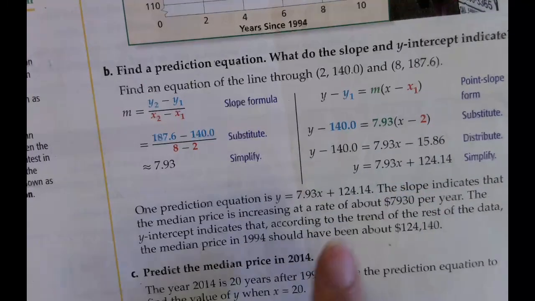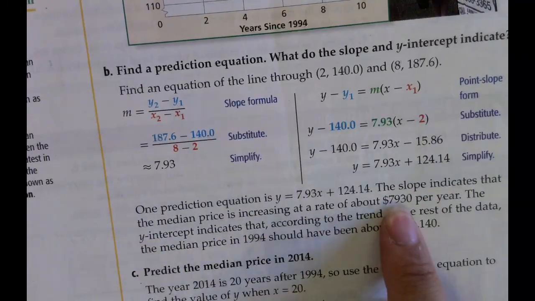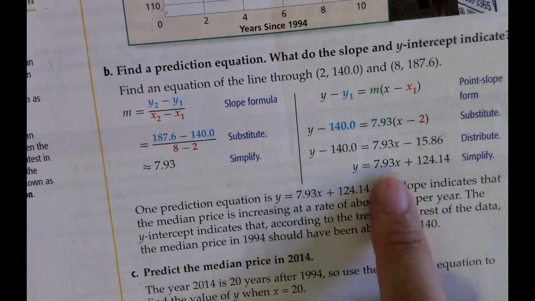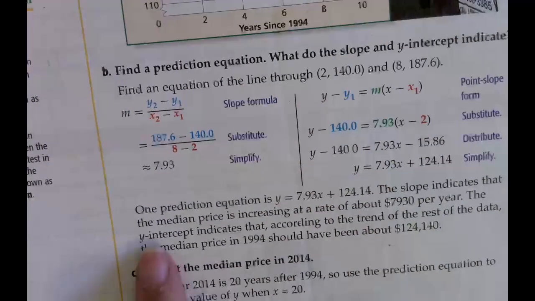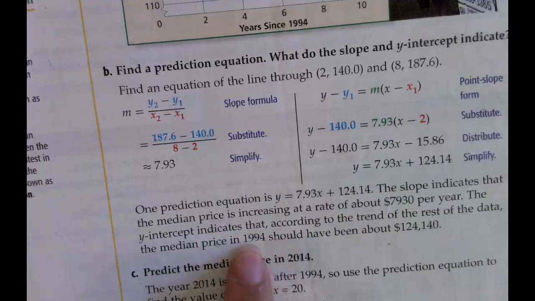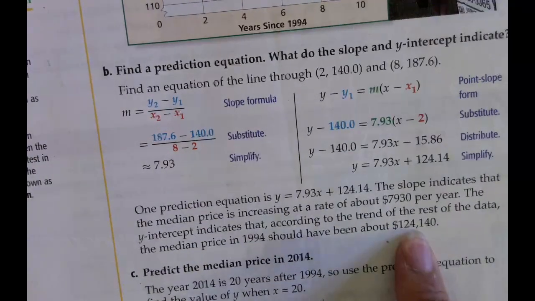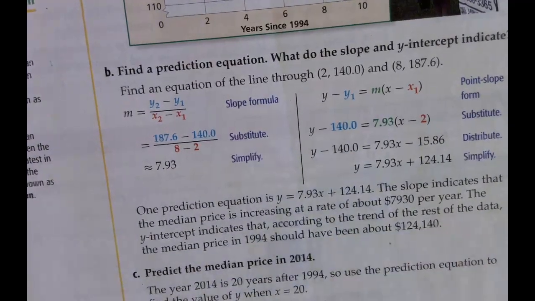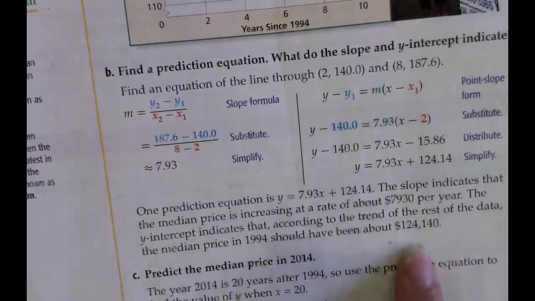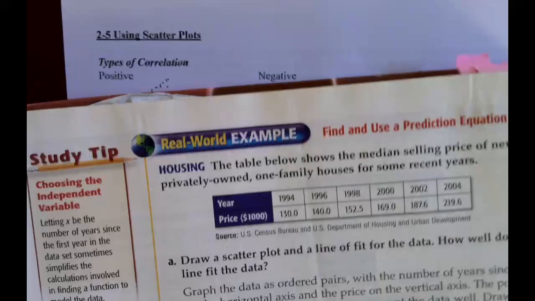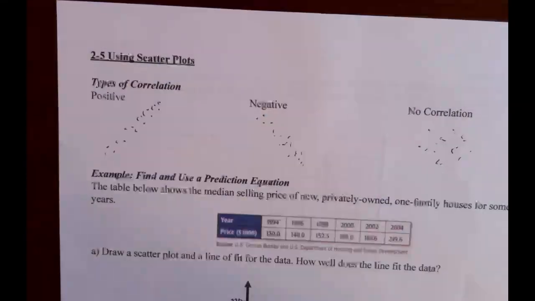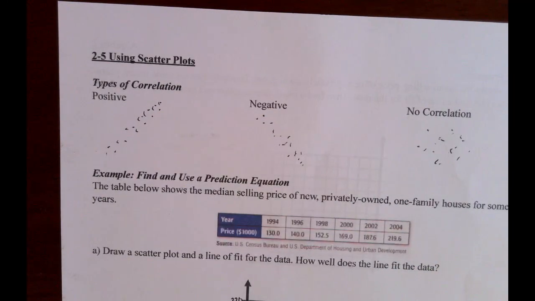The slope indicates that the median price is increasing at that 7,930, or $7,930 per year. And then again, the y-intercept indicates that at 1994, it was about this price in the beginning, which again, is not exact because we know it was 130, but again, it's just a prediction equation. We're just using it to estimate what will happen, okay?